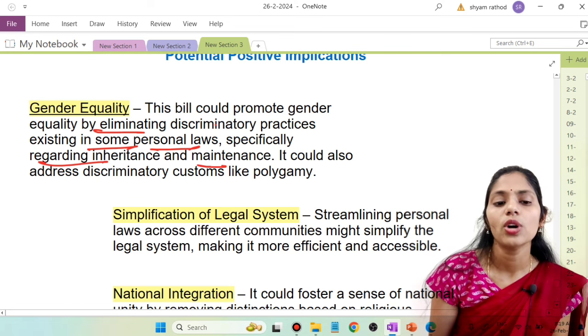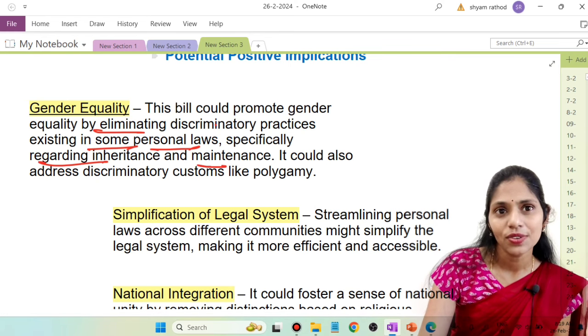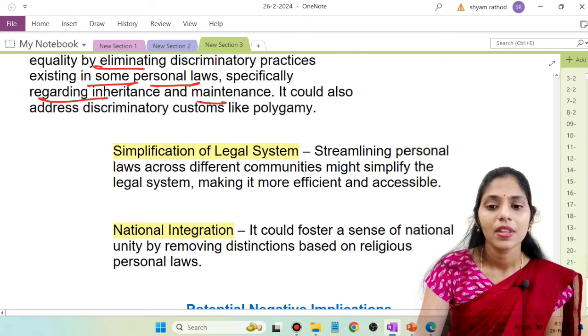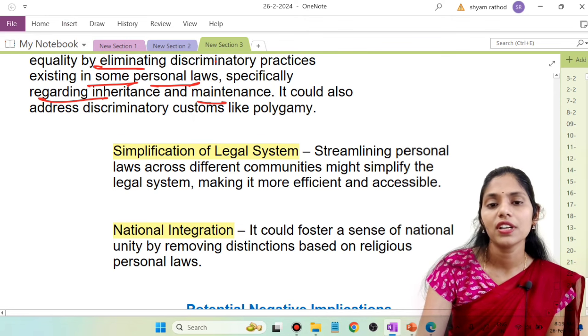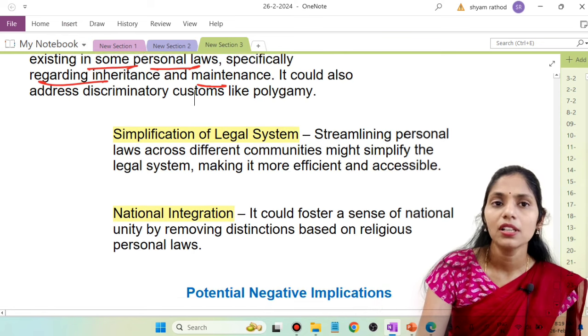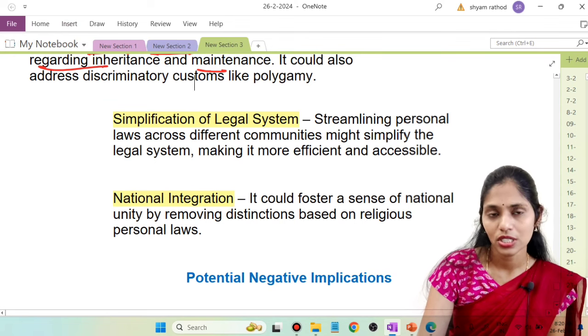It could also address discriminatory customs like polygamy. And it also focuses on simplification of our legal system, streamlining personal laws across different communities so that the legal system becomes more efficient and accessible. That is also something you have to see.